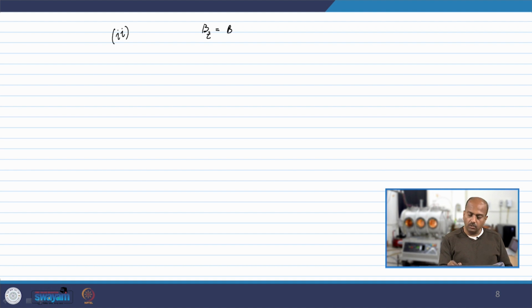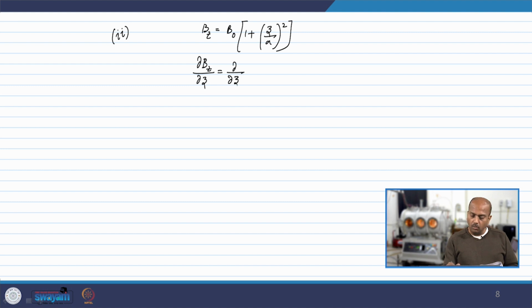So, we will solve it. Bz is equal to B naught times 1 plus z by a whole square. So, dou Bz by dou z is equal to dou by dou z of 1 plus z by a whole square.